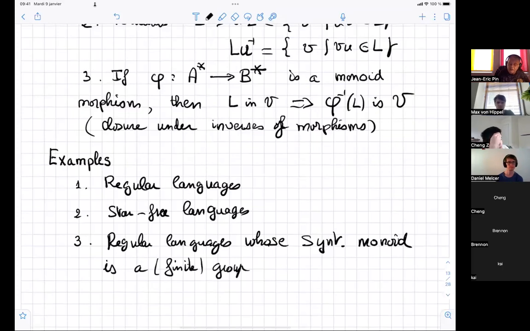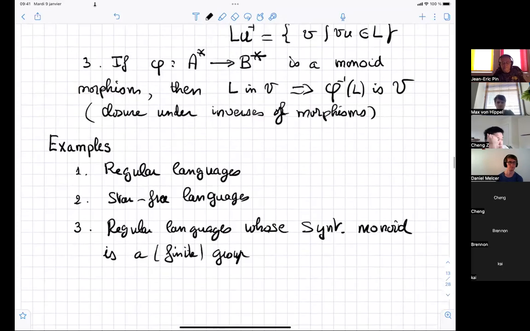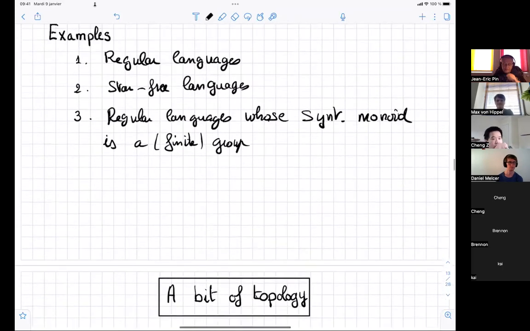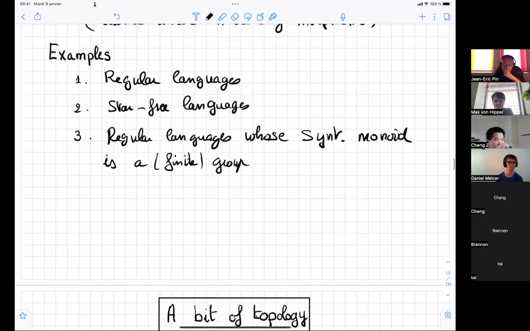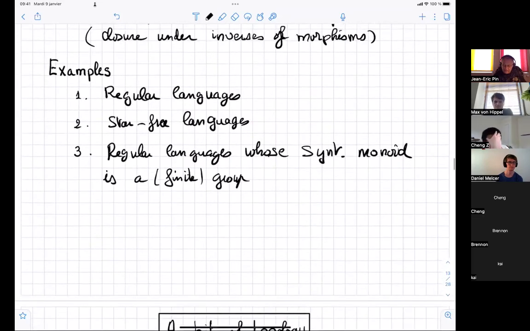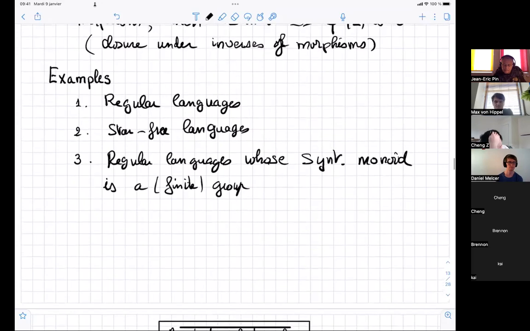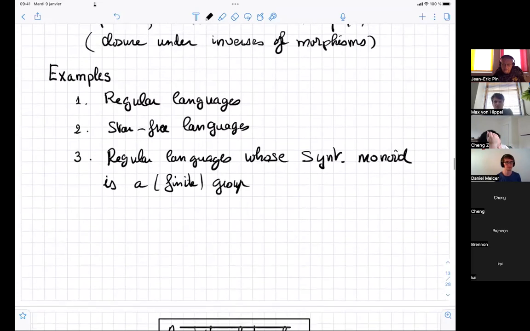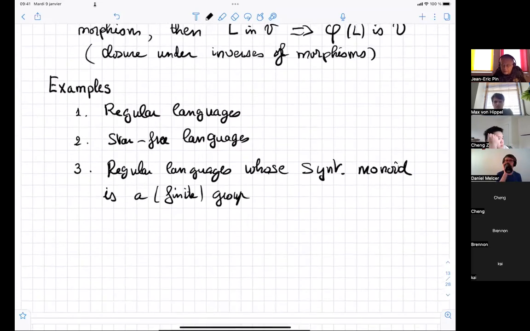And there are plenty of examples. Groups are an example as well, right? Sorry, are groups an example?